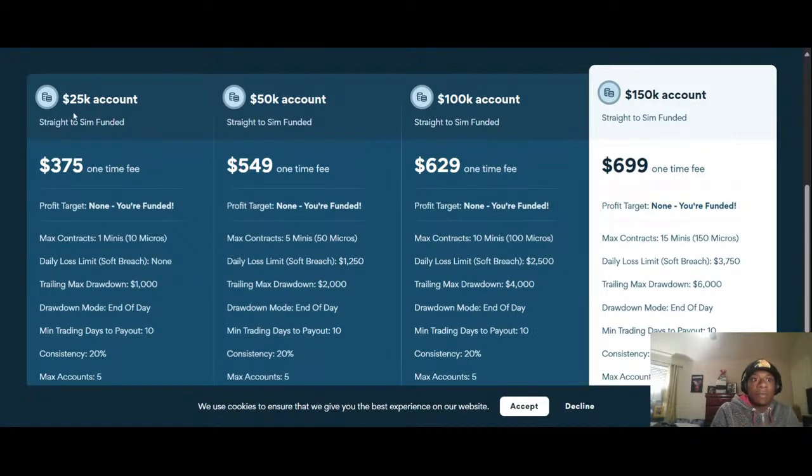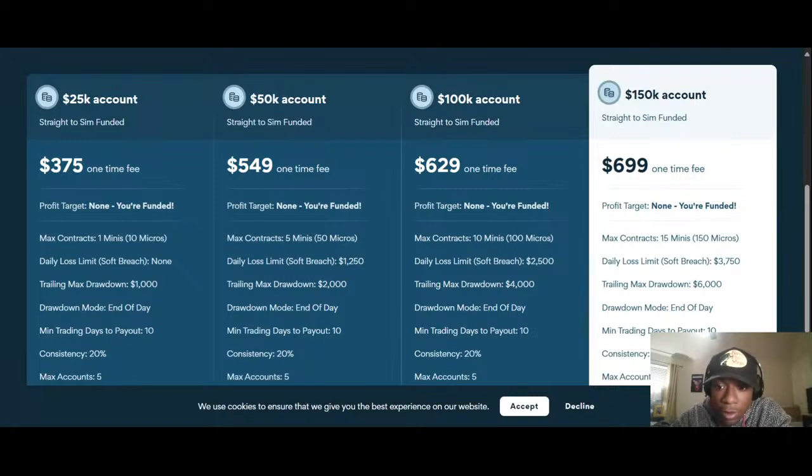So for people who have trouble passing evaluation accounts, this is not a bad idea, because if you're buying a lot of evaluation accounts and you're just failing them, you might as well spend that $300 and just get automatically funded. But keep in mind, you still have to perform.